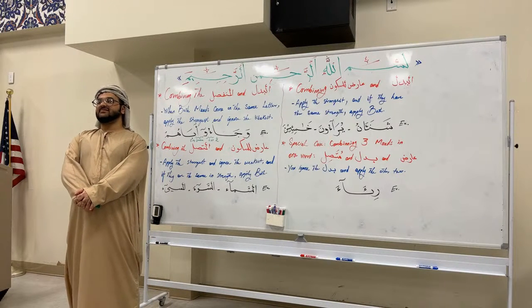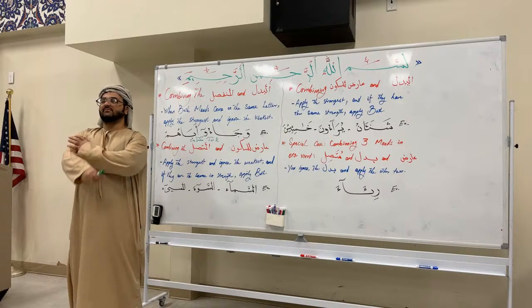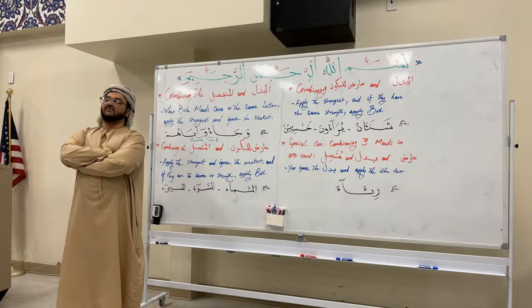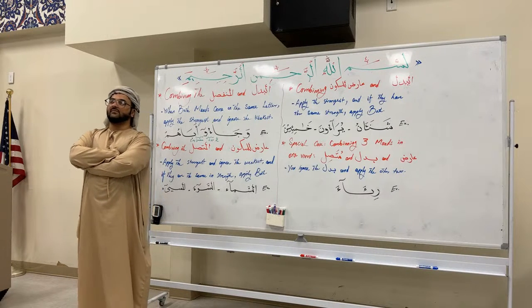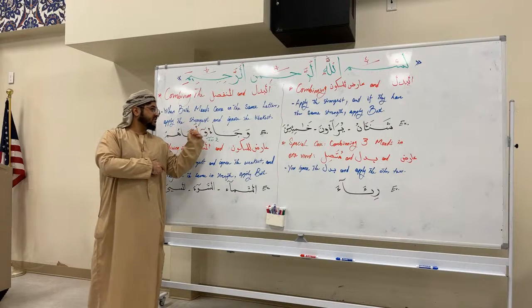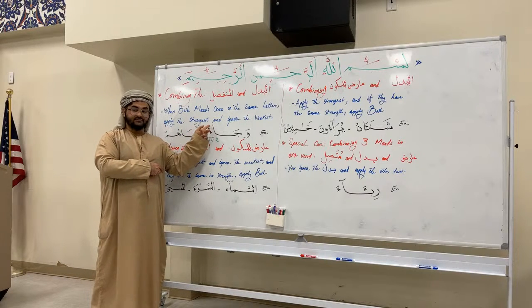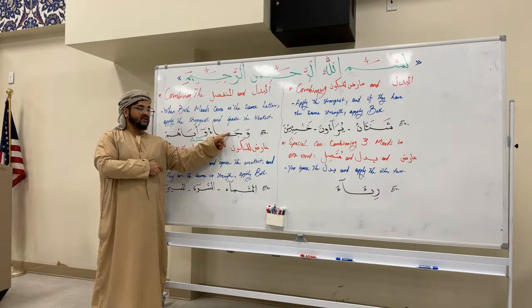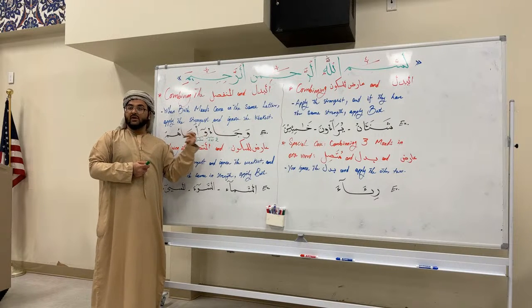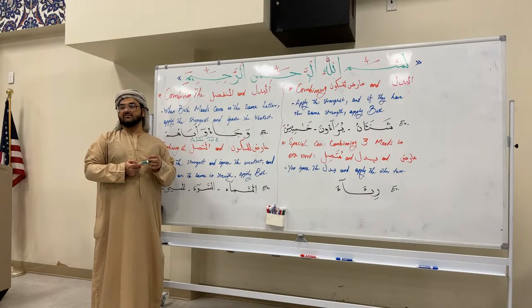Wajib muttasal. Okay, it's a secondary mad with a mad letter followed by a hamza. Okay, so watch this. This is sakin, and the letter before it is maftuh. It's a mad letter followed by hamza. What is it? It comes in the same word.